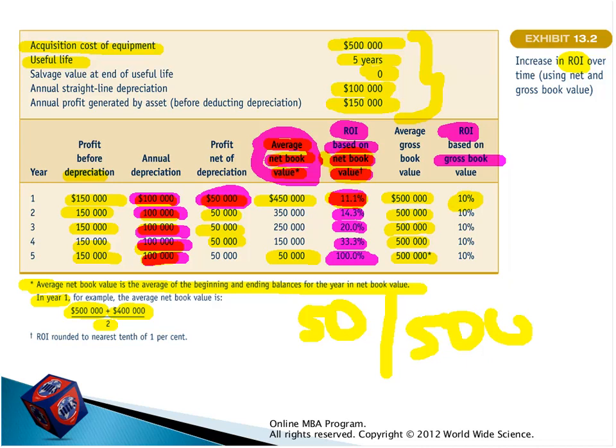At the beginning of the first year it is 500, right? Because we buy this equipment for 500. At the end of the year, the value of equipment will be already 400 because of the depreciation charges minus 100. And to get the average, we divide by two, and you get that the average net book value for the first year will be 450,000.